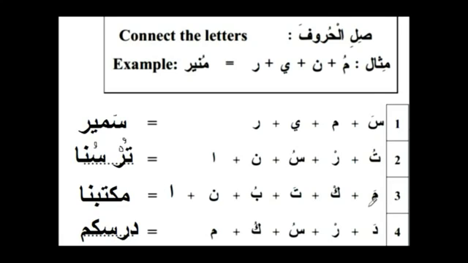The next one, we should have read Maktabuna, which means our office. The meem should have connected to the kaf. And I showed you how to write to connect the meem to the kaf, the form to write it, and I'll show you again after we go through this word. The kaf should have connected to the ta, should have connected to the ba, should have connected to the noon, and the noon should have connected to the alif, because they're all connectors, except the alif.